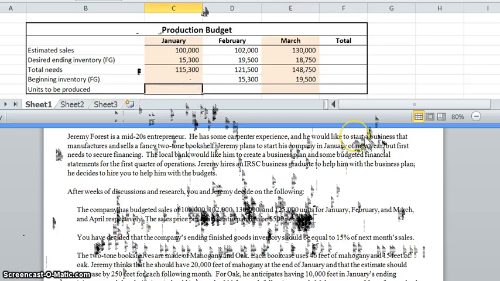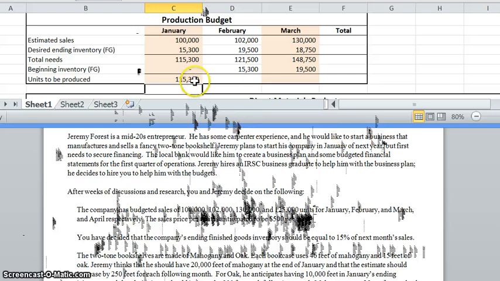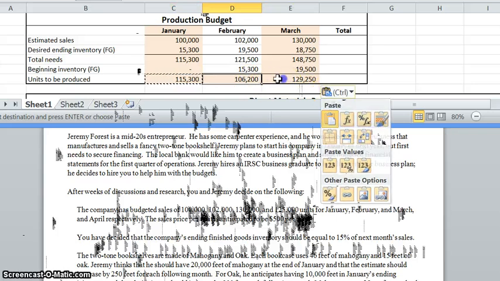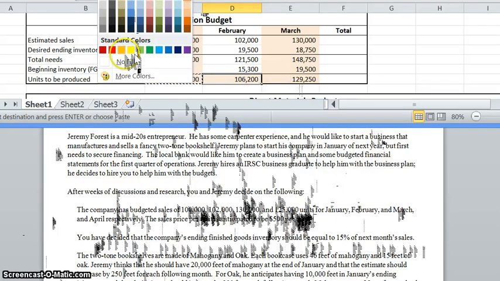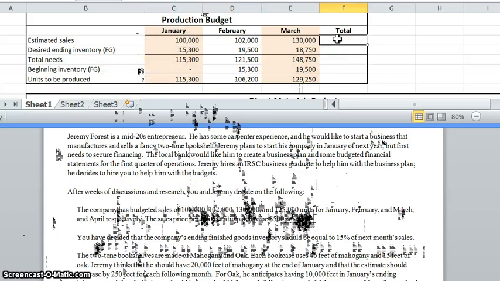Now that we have our beginning inventory, we can go ahead and minus out our beginning inventory to really figure out our units to be produced. And there we go. Now when it comes to the total column, we're simply going to sum up the prior areas.